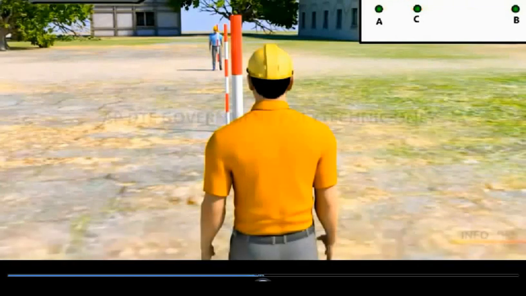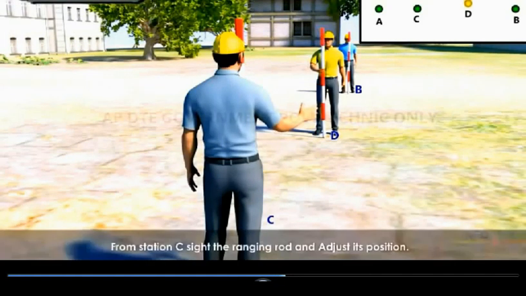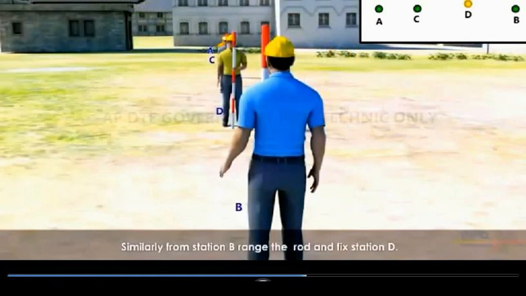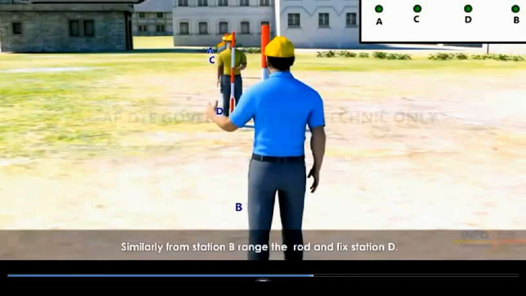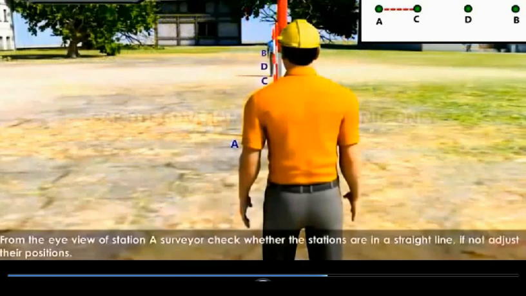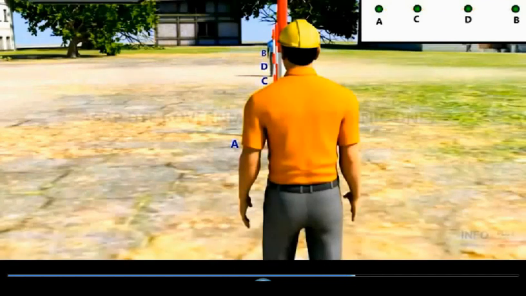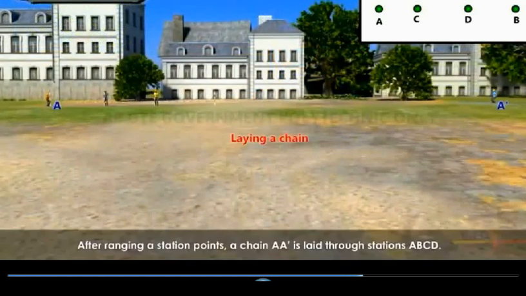Now the person from A will move to the next point, that is station C, and now another person at D is holding a ranging rod and the person at C is guiding the ranging rod in between such that C, D, B are in a straight line. Now we can say that A, B, C, D are in one single straight line, and you can easily measure the distance between A and B using a chain.